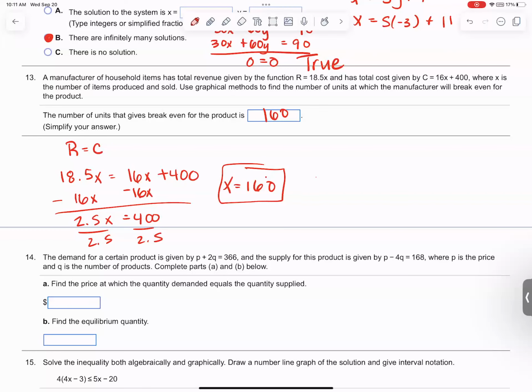And maybe do a scale of 1,000. That's better. So I can see the intersection out here somewhere. So I can calculate that. So it intersects at 160, which is what I found by solving it algebraically.